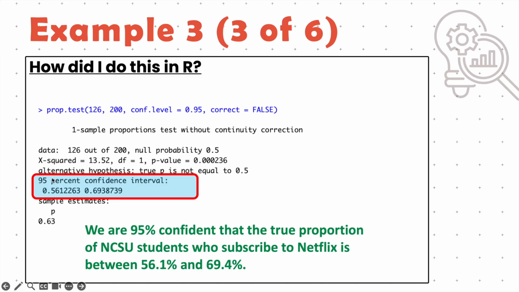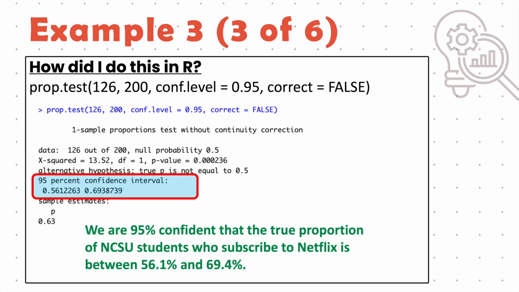This gives me an interval from 0.56 to 0.69. So we would interpret that to say we're 95% confident the true proportion of NC State students who subscribe to Netflix is between 56.1% and 69.4%. I don't know why that's out of order, but that's okay.